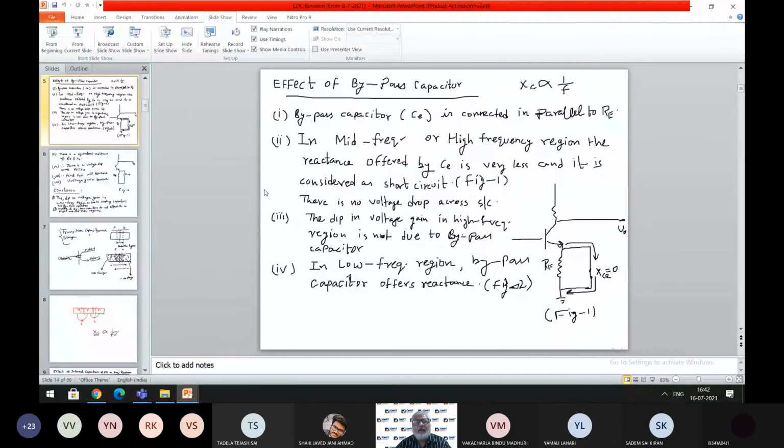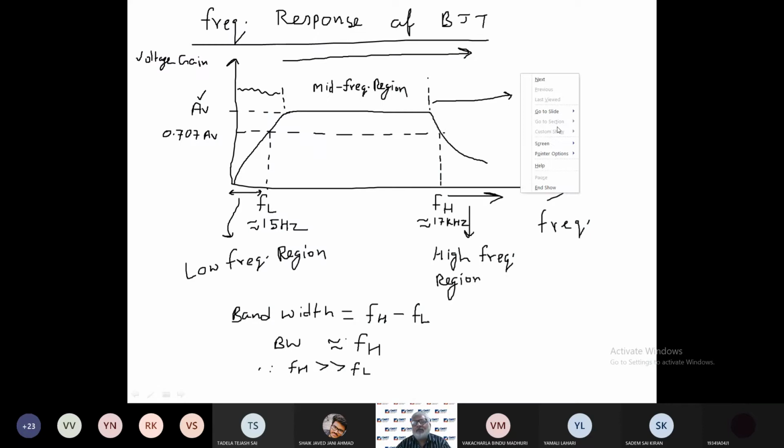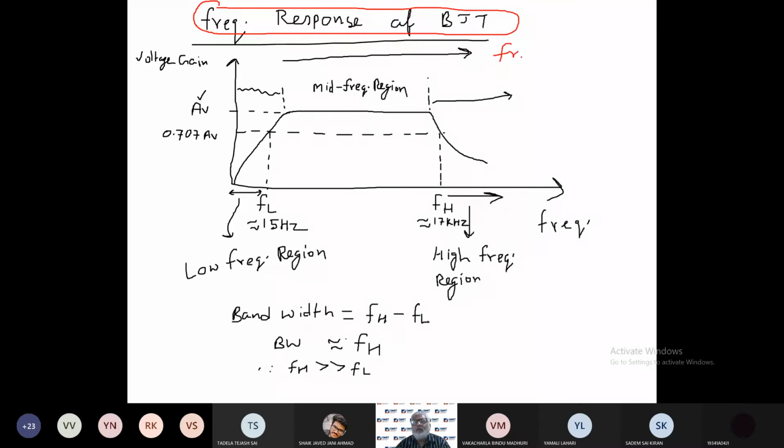Now another important topic which can be asked in the theory is frequency response. It can be frequency response of a BJT or frequency response of RC coupled transistor.